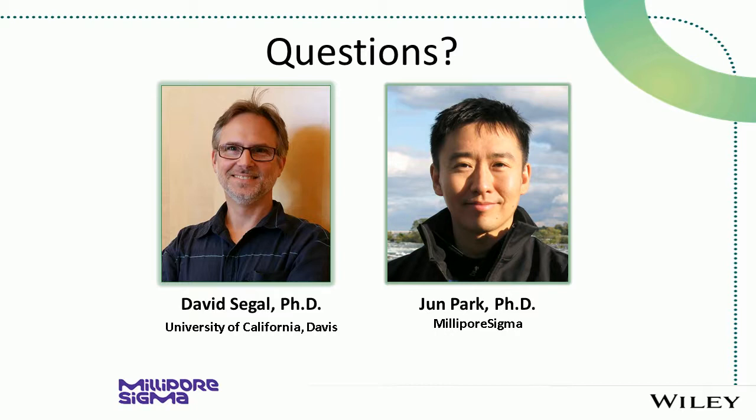All right. The next question, maybe for Dr. Segal here, I'm guessing. It says, do you think purified proteins are the best method to deliver gene editing tools into the brains of live animals? Thank you for that question.